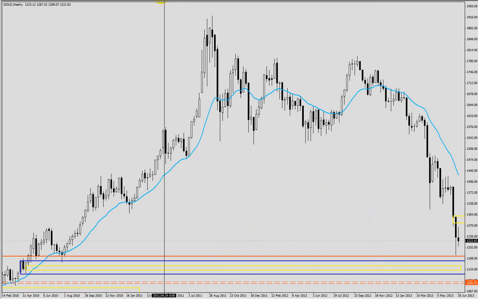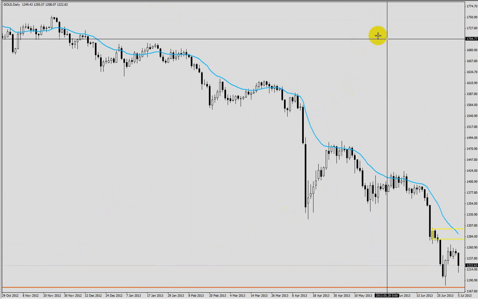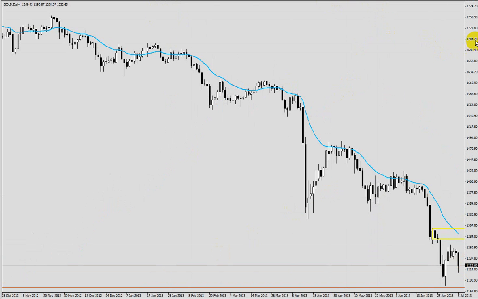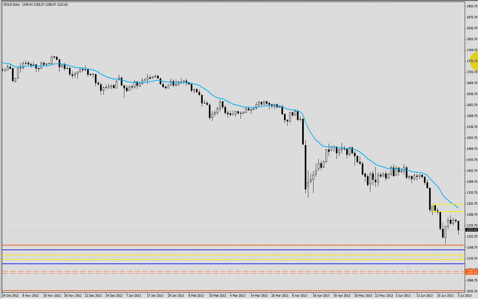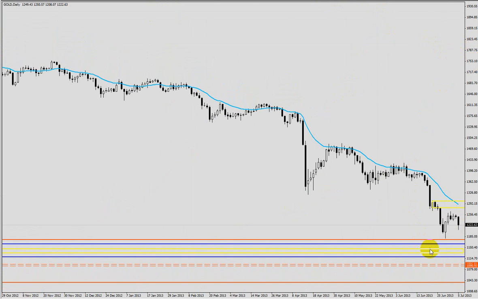So it's a weekly chart. Daily one, the support is represented by the yellow color. It's around 1,144, 1,132, 30. Still some distance.